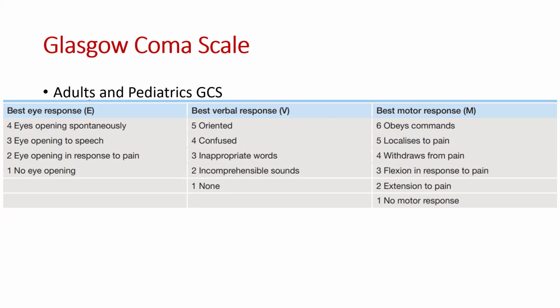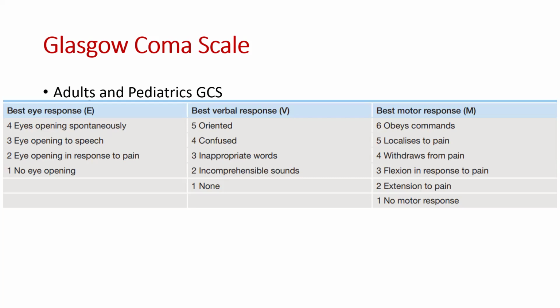For best verbal, the one who is fully oriented gets a 5. The one who is confused gets a 4. The one who is speaking inappropriate words gets a 3, and the one who is making incomprehensible sounds gets a 2, and 1 for none.